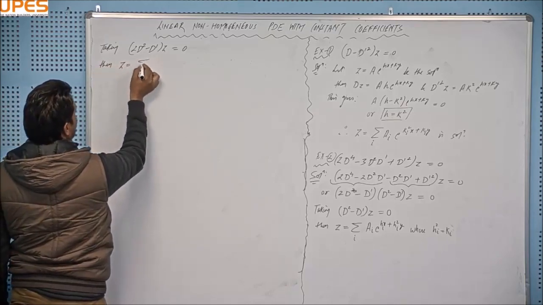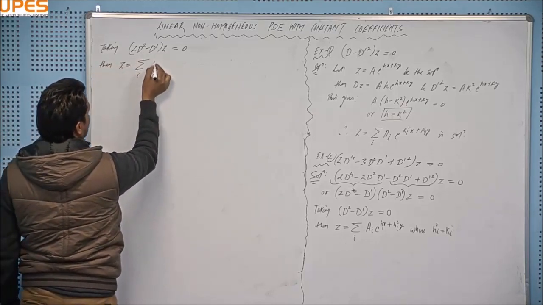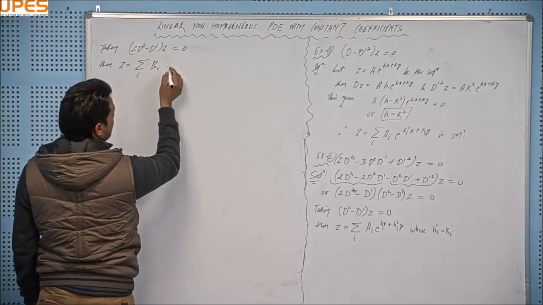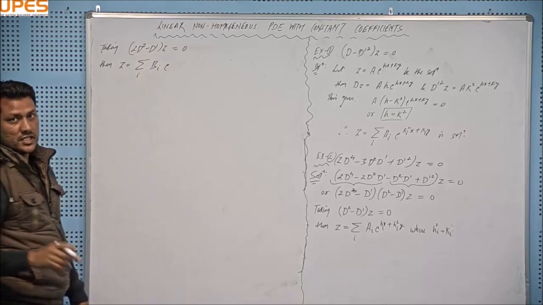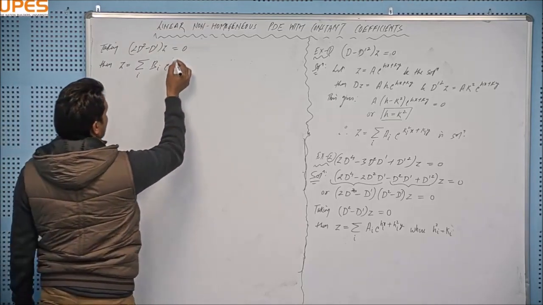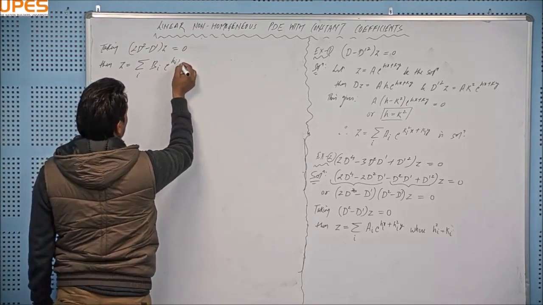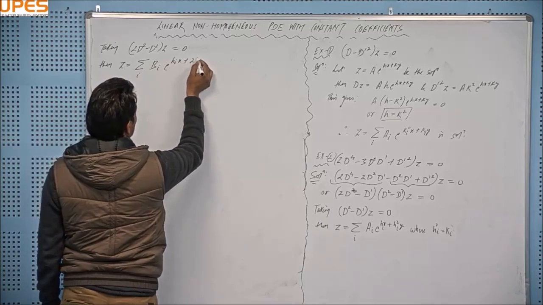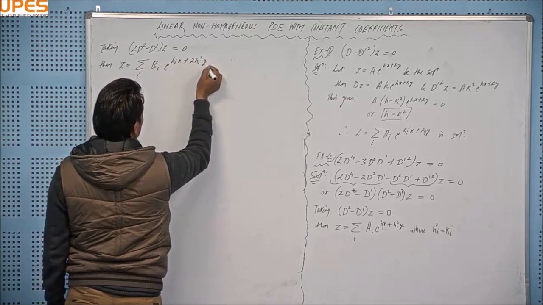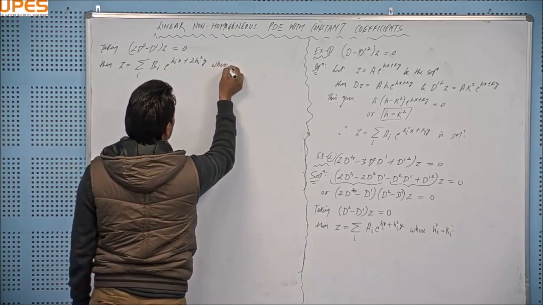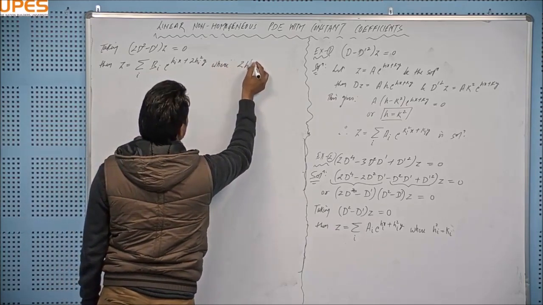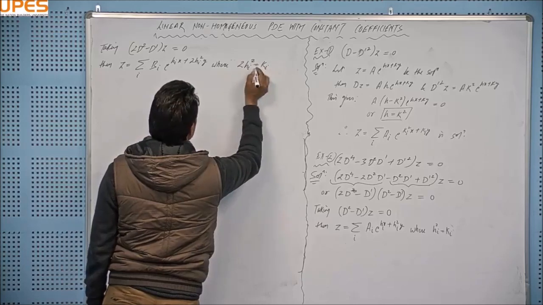Z is equal to summation b_i, changing the constant, e to the power h_i x plus 2 h_i square y, where 2 h_i square is equal to k_i.